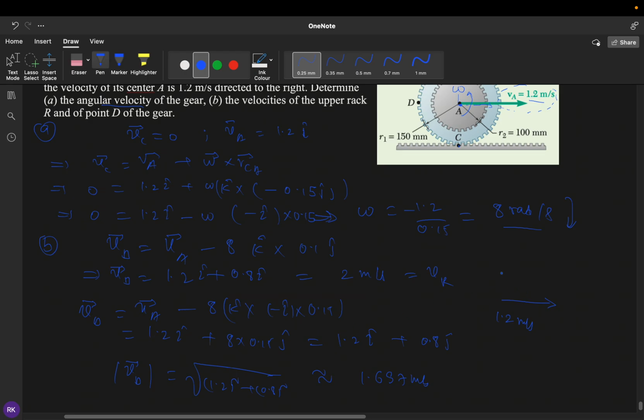Yeah, that is correct. So that is 1.2 meter per second, and vertical it is 0.8 meter per second. So this is the velocity. When you draw the parallelogram, this is the velocity of point D.